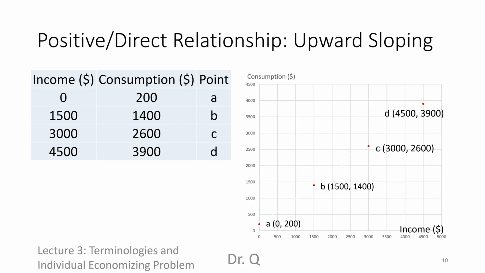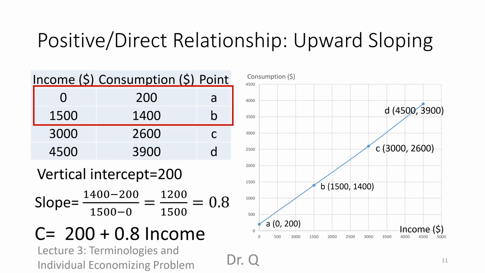We can plot all the combinations on the axis set, and a straight line linking all of them is a graphical expression. The vertical intercept here is 200. Now we pick 2 points, any 2 points on the line, to calculate the slope. For example, points A and B. The vertical change from A to B is 1200, and the horizontal change is 1500.